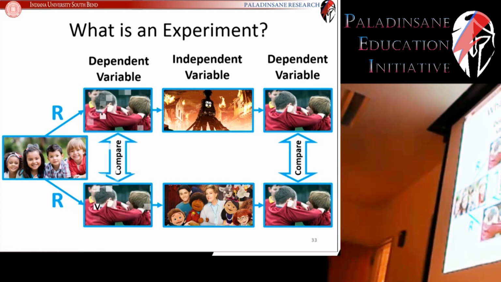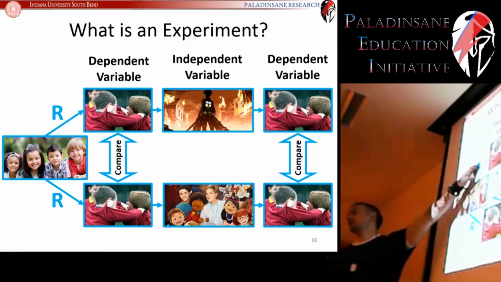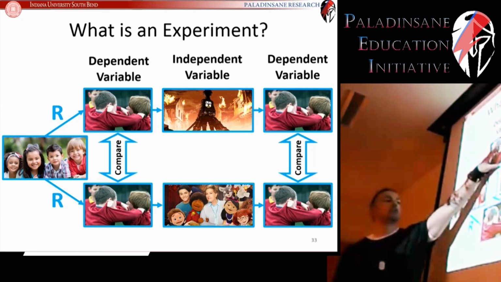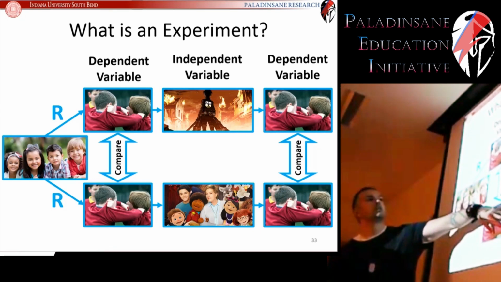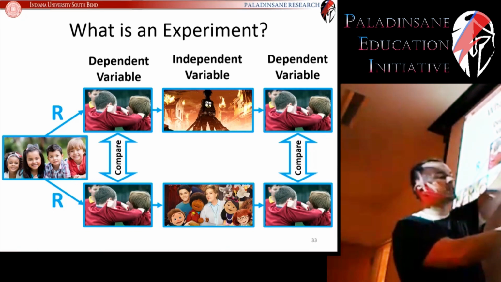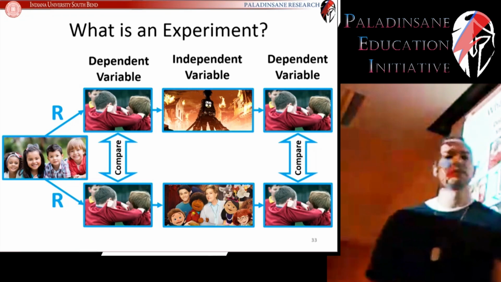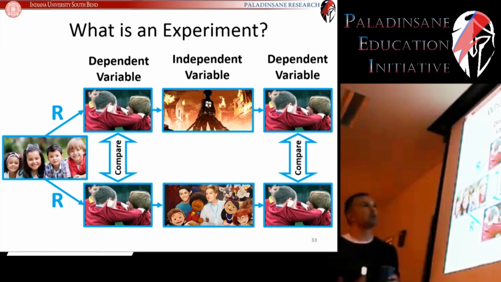One of the reasons to have it is just to make sure that the randomization worked, just to make sure that these two groups are actually equal on their level of aggression. And that gives us more confidence that, yes, this is the only factor that could have caused any difference that we see later. So that's a pretest post-test design.